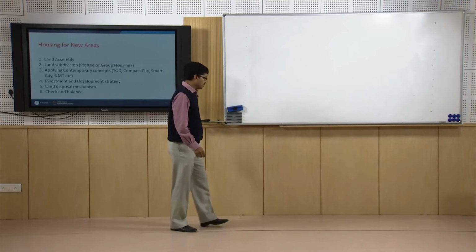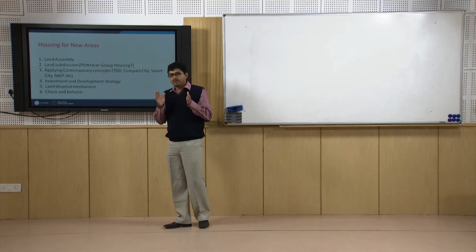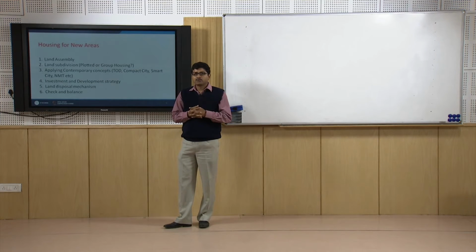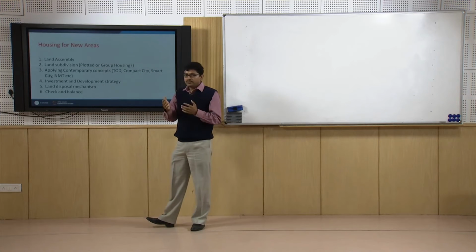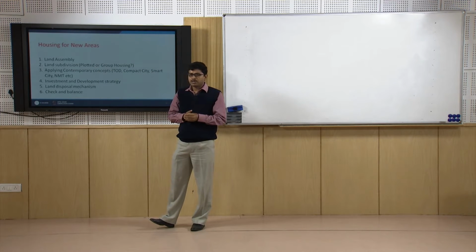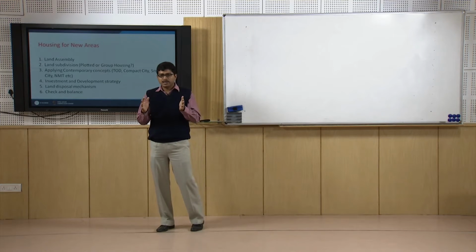Land subdivision is an exercise where we subdivide the land with the concept of group housing and plotted housing. There could be bigger, smaller or medium land parcels, but the land pockets or the size of the land plots are very important.